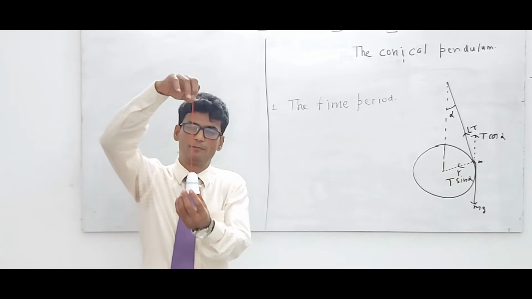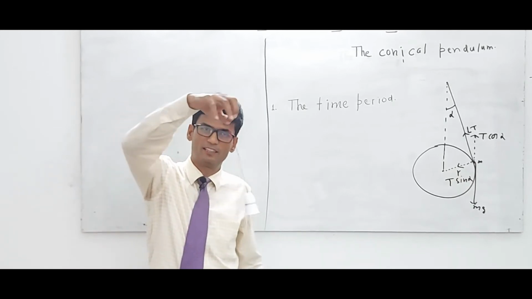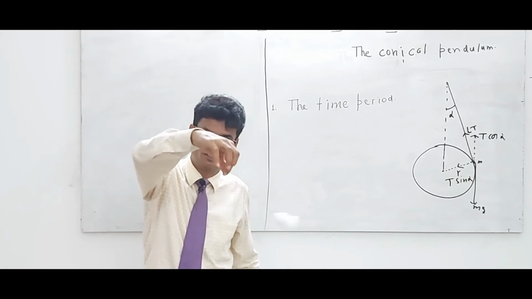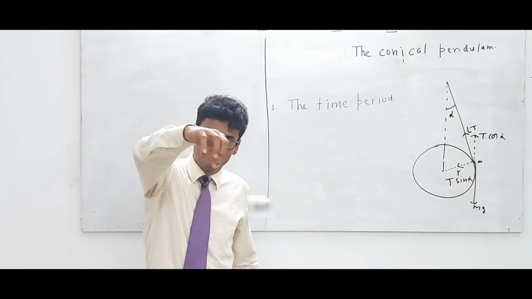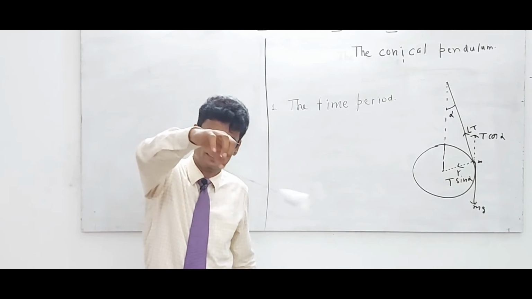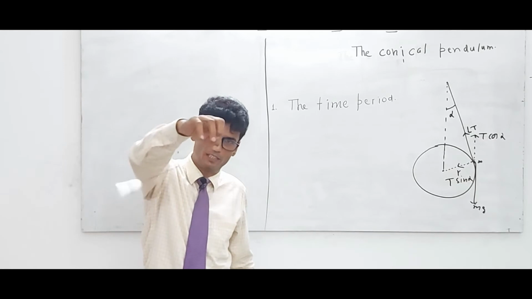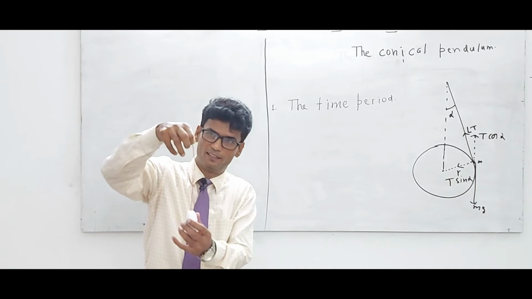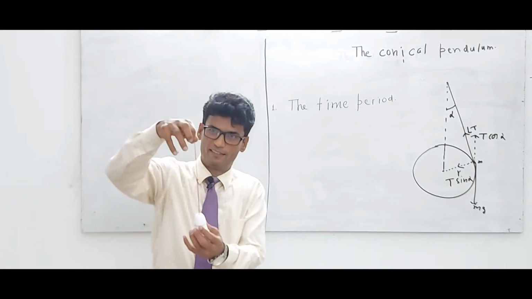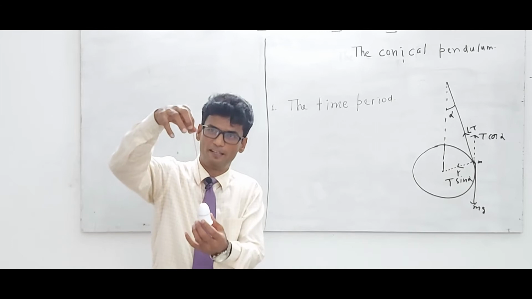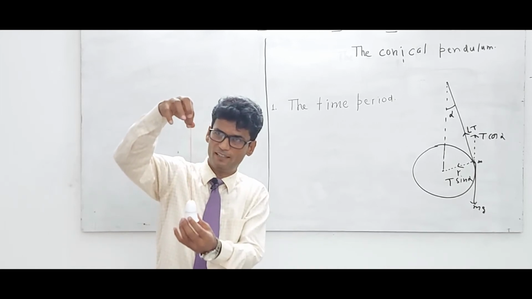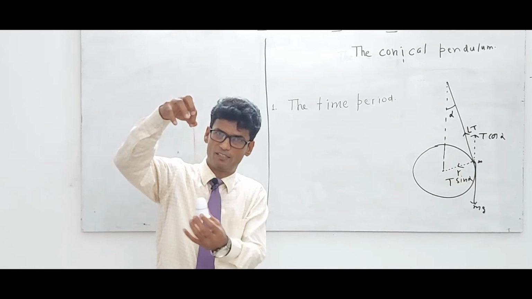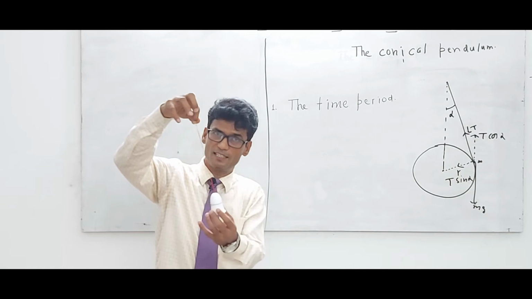Now look at here, it is vertically below, and now I am giving the angular speed, it just increases, just increases. Now I keep the angular velocity constant. So what will happen to this angle? Look at here, the angle gradually increases as I provide this angular velocity, or you may call it speed. The angle made by this string with the vertical gradually increases as the angular speed increases.